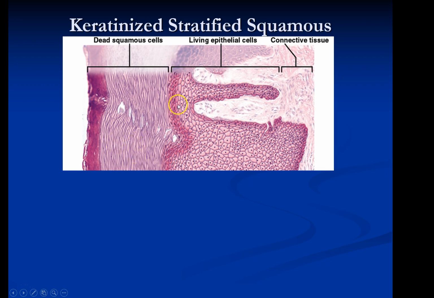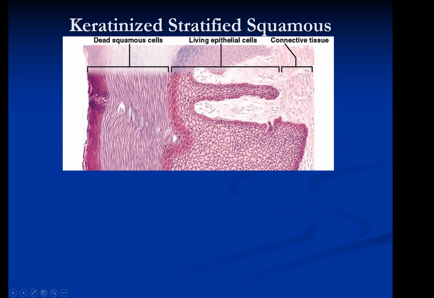Because when we put the keratin in here, these cells all got nutrients from the connective tissue below. It diffused up. Okay? Went from a high concentration to a low concentration. But that keratin not only prevents the water loss, it prevents the nutrients from moving through there. So now these cells get cut off from their nutrients and they die. Okay? And so keratinized stratified squamous is good for abrasion resistance.